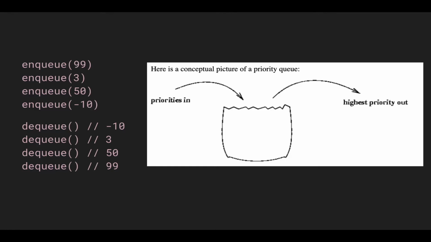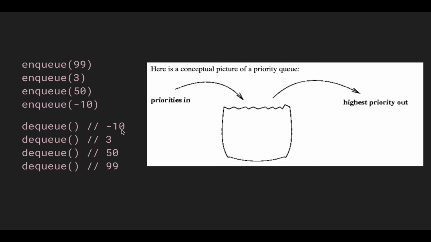To give you some more intuition behind the priority queue, on the left we have some operations that are called against the priority queue. Let's say we enqueue 99 and then 3 and then 50 and then -10. Then when we dequeue, instead of getting 99, which we would expect from a queue because it is first in, first out, we get -10, because in this case our priority queue is a minimum priority queue.